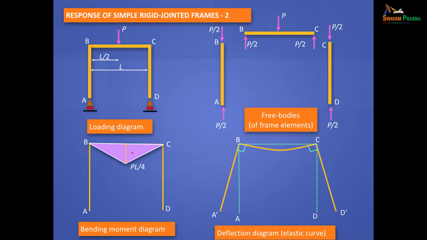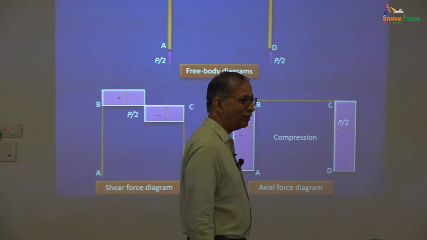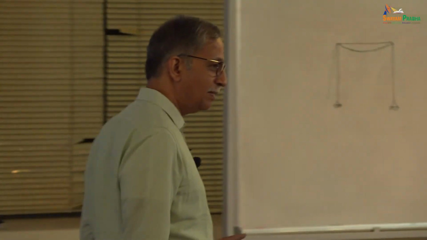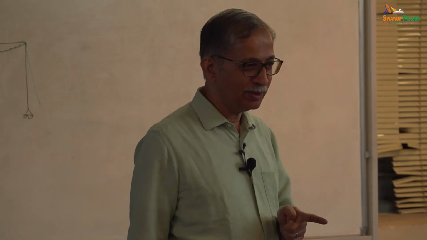There, he's drawn the same thing. Perfect. Got it? Then you can draw the shear force diagram for a beam, and axial force. Shear force will look like this and axial will look like this. Clear? So now there are 4 diagrams to draw in plane frames. Bending moment diagram is the most important diagram.